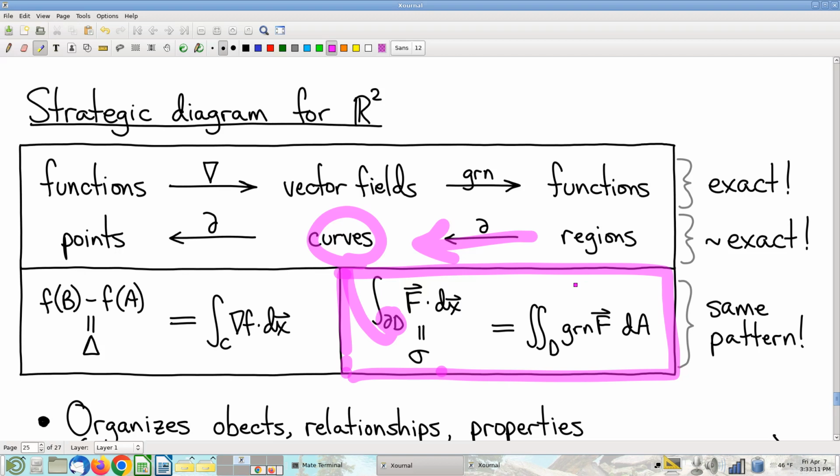Said differently, I'm going to need to be able to move backwards through this arrow. I'm going to need to be able to compute or identify at least the anti-boundary, right? And so again, it's telling you the questions to ask by way of the way the diagram is structured.